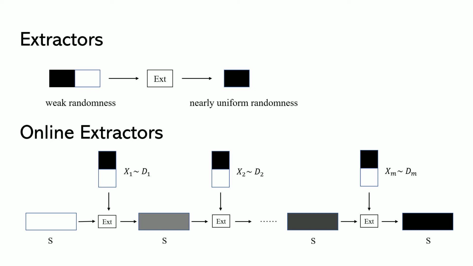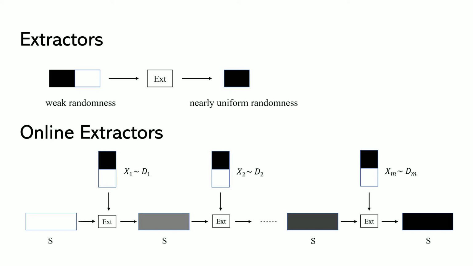An online extractor is a deterministic algorithm with an n-bit state S that takes input sources one at a time and updates its state after each input. For example, S first takes x1, which is sampled from D1, updating itself, and S takes a second source x2, which is sampled from D2, updating itself, and so on.